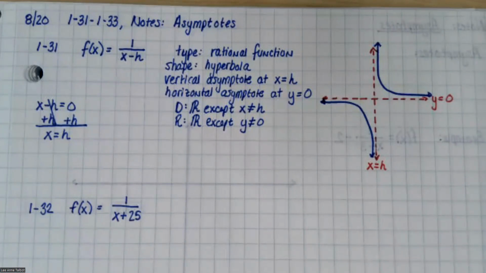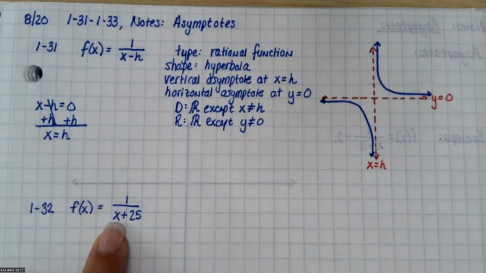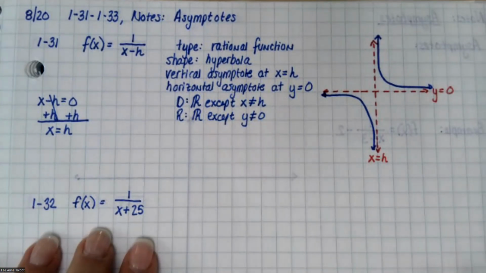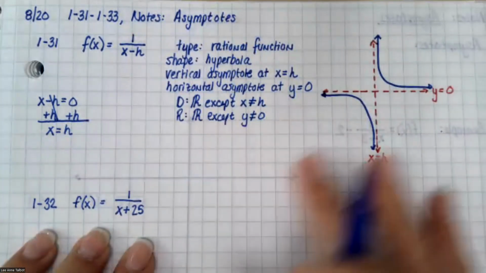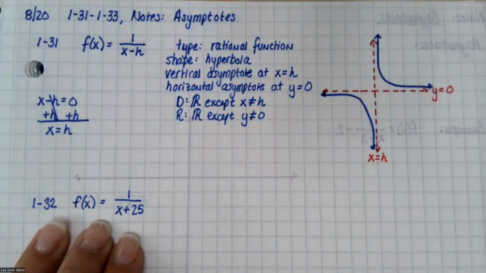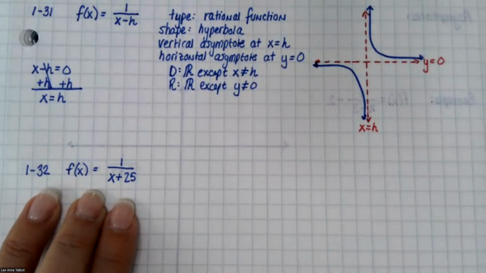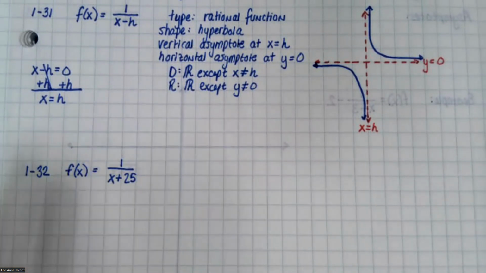Okay. Now, number 32. We're going to do a couple things with number 32. I want you guys to tell me what you know about this before we touch a calculator. So look up here. What do we know about 1 over x plus 25 without touching a calculator?